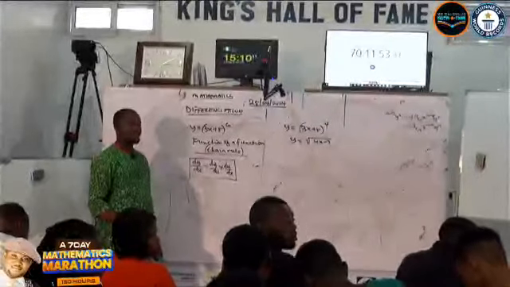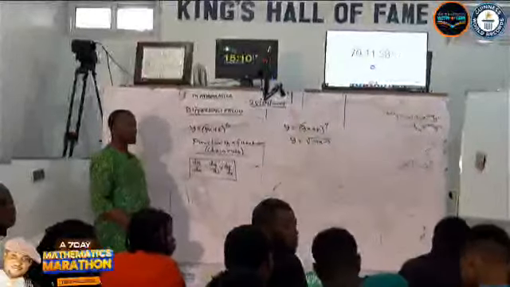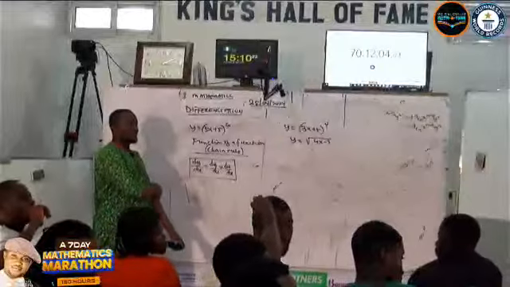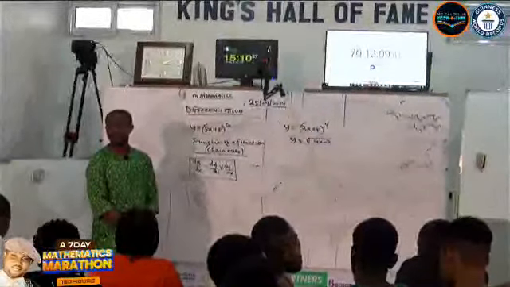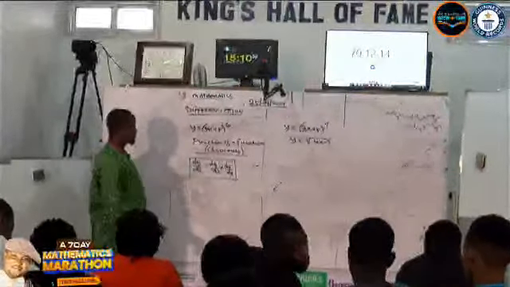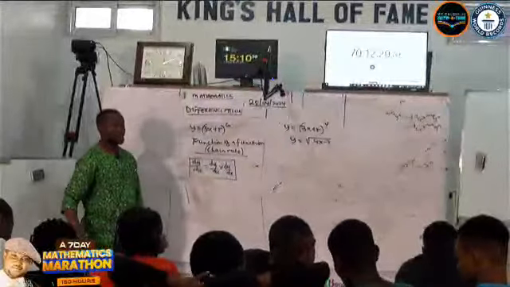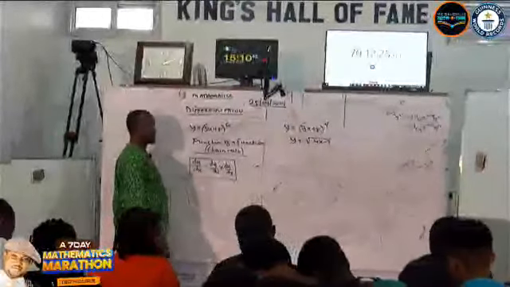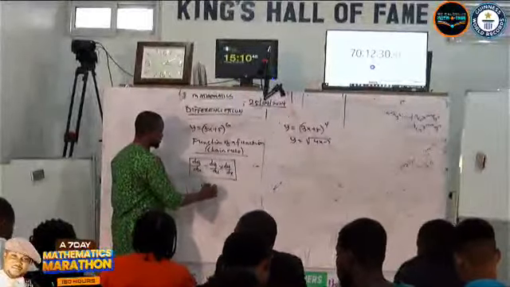If you have a case like this, you now say y equals 3x to the power of 6.